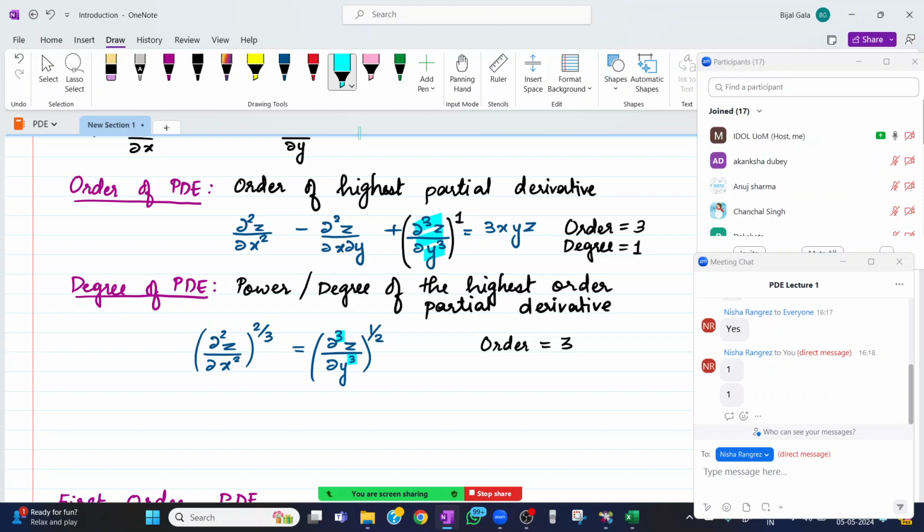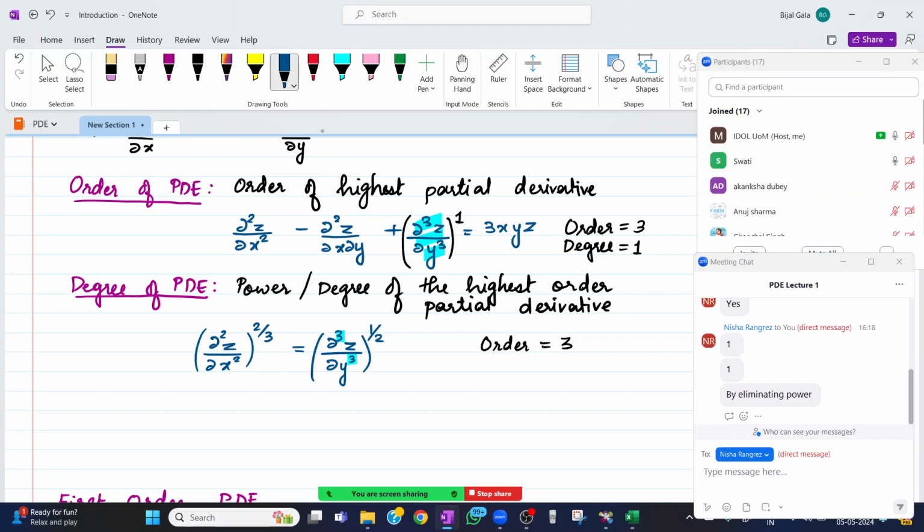Yes, please. To calculate the degree, first and foremost, I need to remove all the fractional powers, right? So if you observe, you have the denominators as 3 and 2. I'll raise the power to 6 on both the sides.